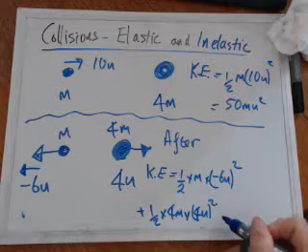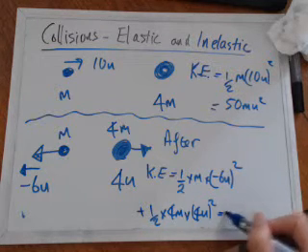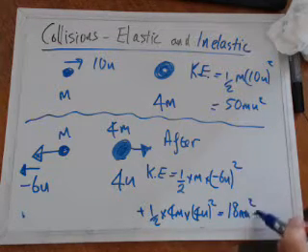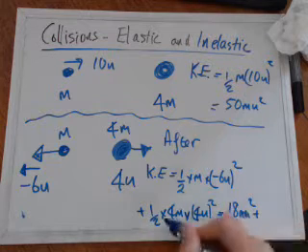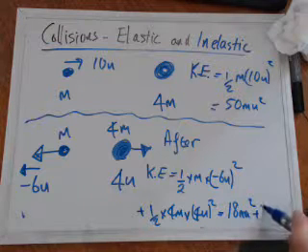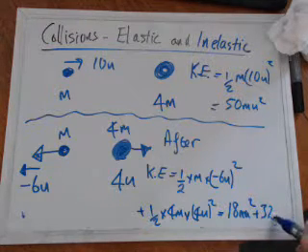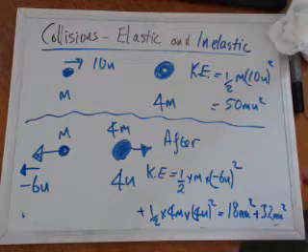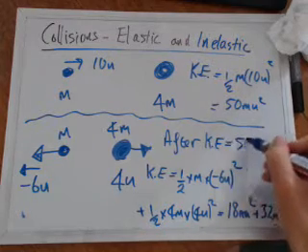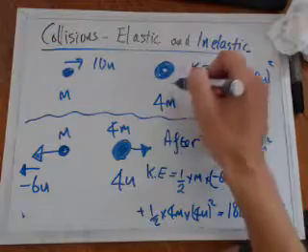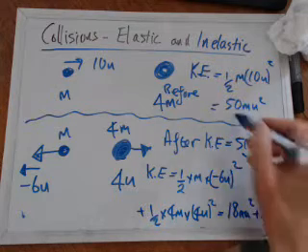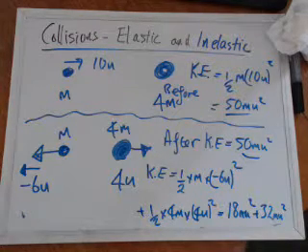That leads to 18 mu squared for this, plus 32 mu squared for that, which gives a total kinetic energy after of 50 mu squared. The before situation was also 50 mu squared, so therefore this is a perfectly elastic collision. Kinetic energy was conserved.